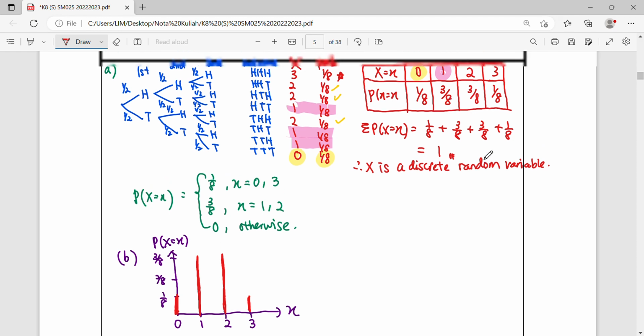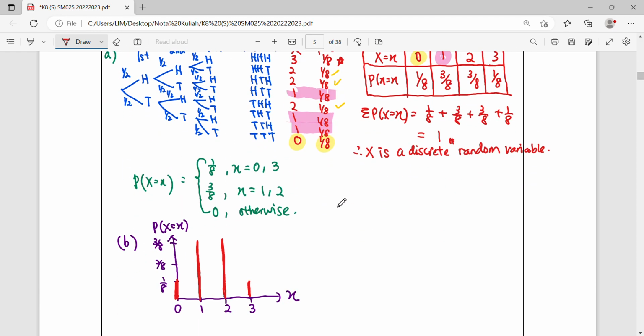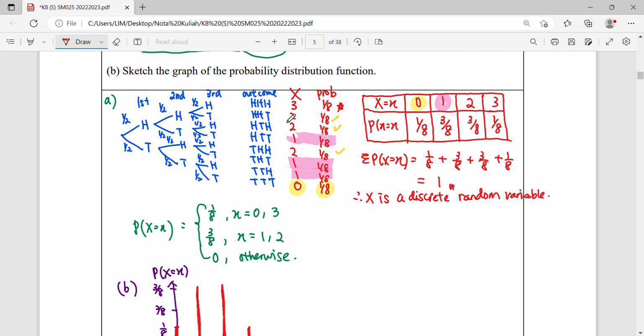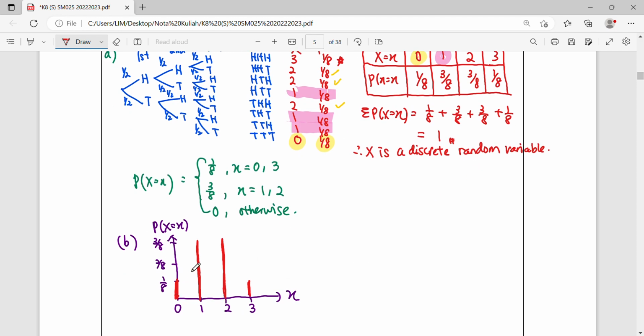This is the probability distribution table. This is the probability distribution function. This is the probability distribution graph. Why do we call it distribution? Because you can see you analyzed all the situations already. This is all your outcomes that you categorize in your random variable, so you can see the distribution.